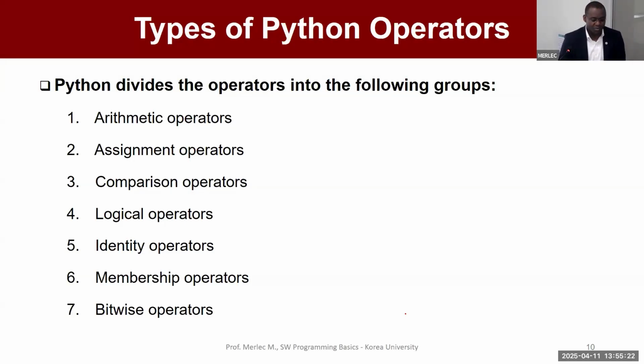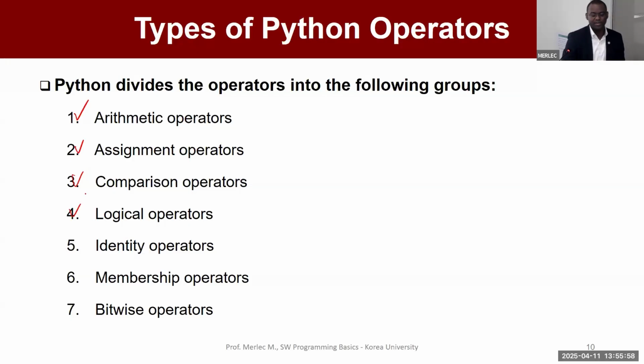With that said, I will now be elaborating on the types of Python operators. In Python, we have many operators that can be divided into 7 types. The first one is the type of operators I've already mentioned: the arithmetic operators. The second, which I also already mentioned, is the assignment operators. The third is the comparison operators.